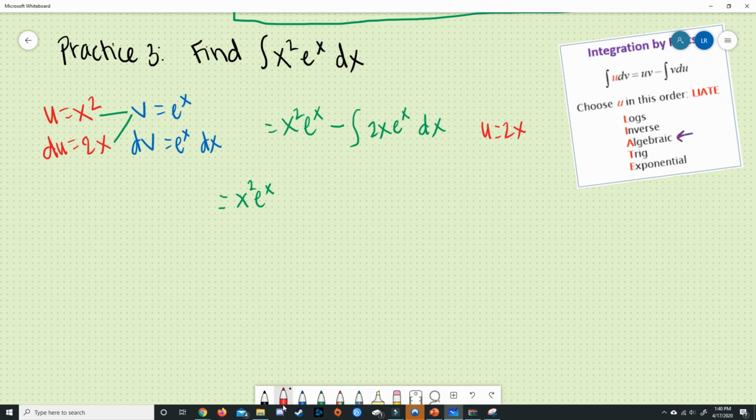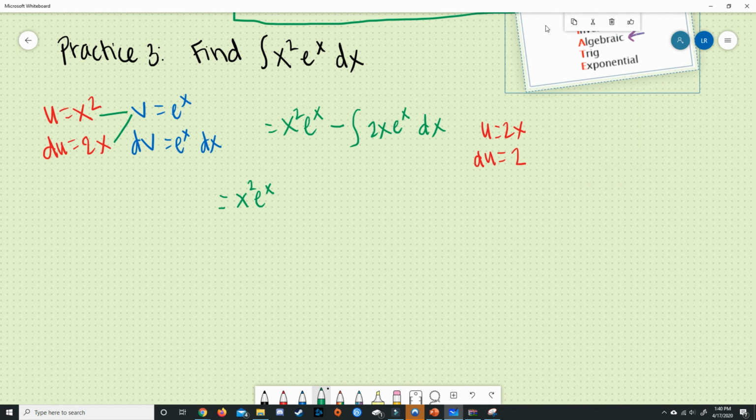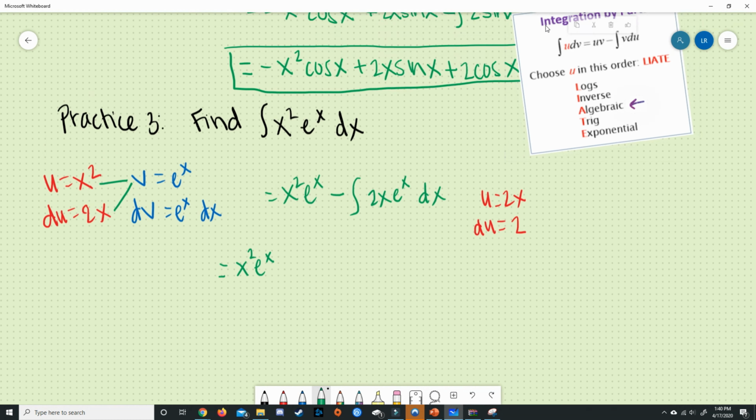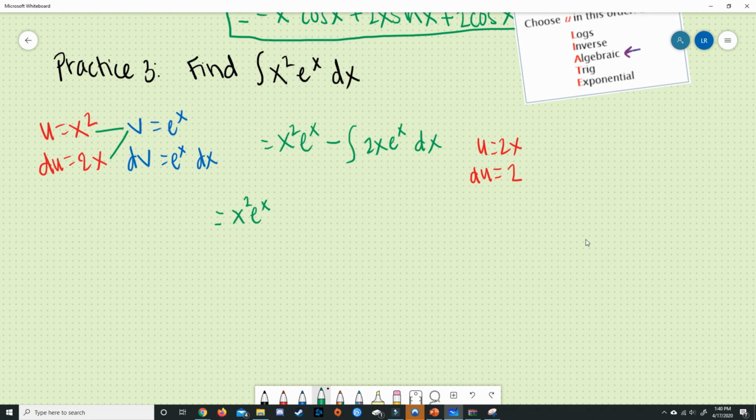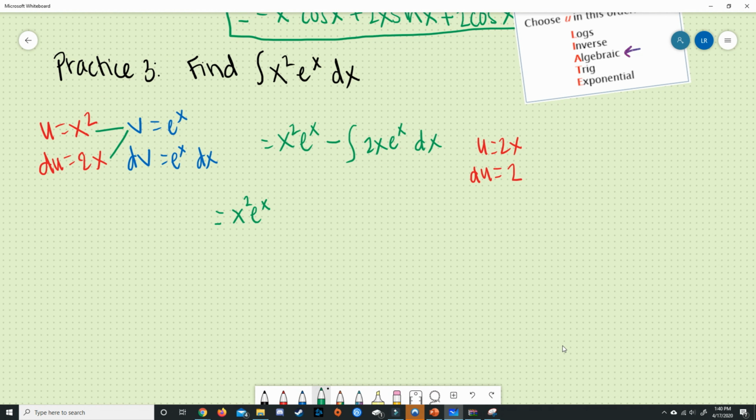U will be 2x because you need to be consistent with your use, and du will be 2. Our dv is going to be e to the x dx, making v e to the x.